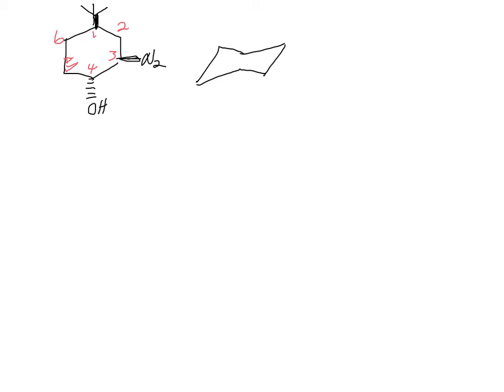I'm going to number 1, 2, 3, 4, 5, 6. The way I know how to set this is that I know the tert-butyl again has to be equatorial. So the tert-butyl is on carbon 1, and it's equatorial, so that means it's up, equatorial.